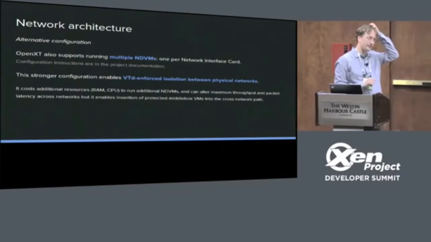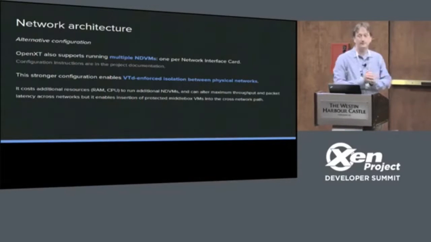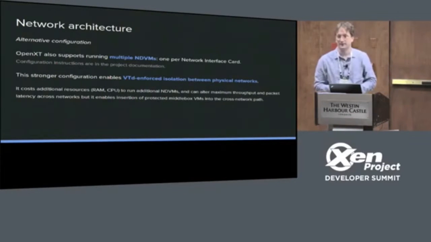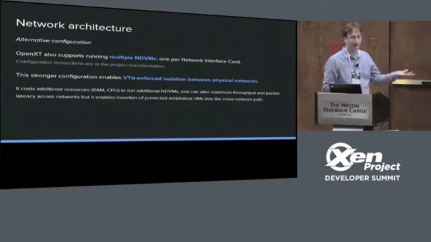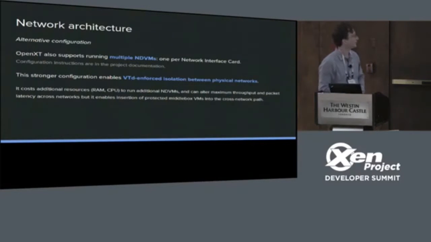The alternate configuration is one where we actually have multiple NDVMs, so you can have a network device driver VM per interface card. And again, the tool stack will support you in doing that. We have configuration instructions in the project documentation. This one is more robust in that you now have VT-d enforced isolation between your physical networks.